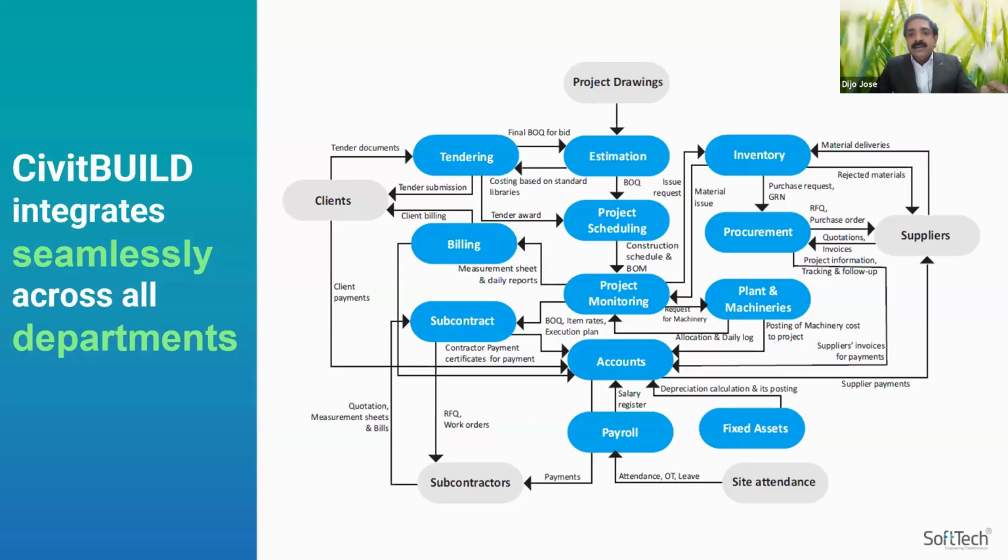But in total, what CivitBUILD offers is a complete solution, a complete integrated application, where there is no need for you to have multiple data entry or duplication of the data or missing out on any information pertaining to the different departments within the organization.